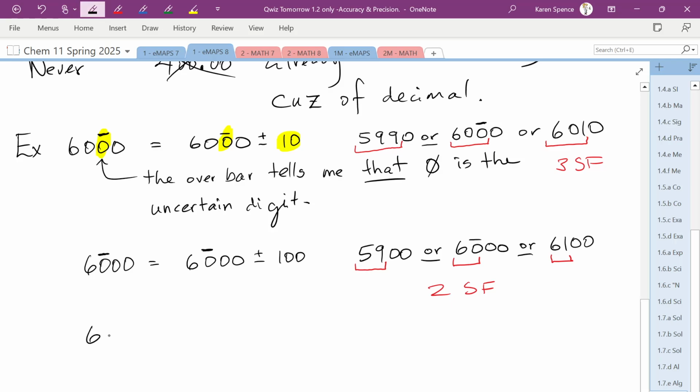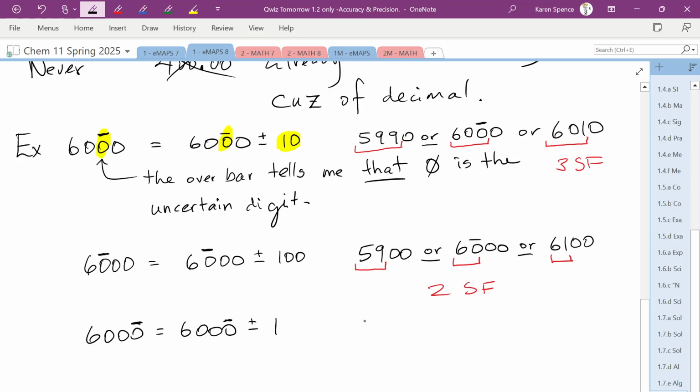Lastly, we could have 6,000 and put the overbar here. And that means it is 6,000 plus or minus how much? 1.